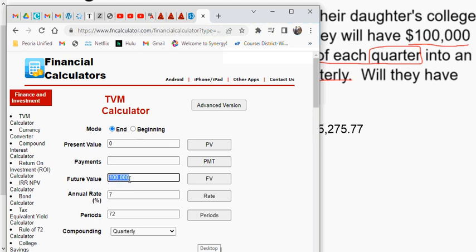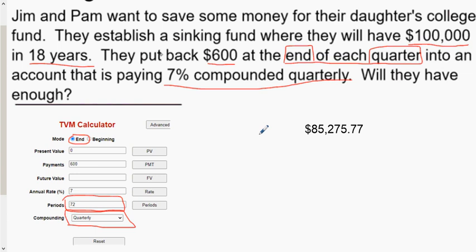They want to have $100,000 saved, and they want to do that at 7% interest for 72 periods, compounded quarterly at the end of each quarter. When you click on this, you find out that they would actually have to pay almost $700 per quarter, $703.60. So if they were to pay $700 per quarter, then they could get to $100,000. But because they're only paying $600 per quarter, they don't end up quite where they wanted to.